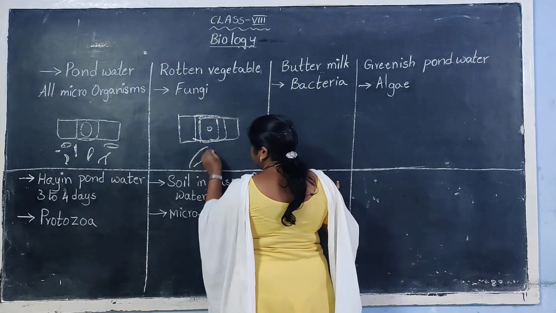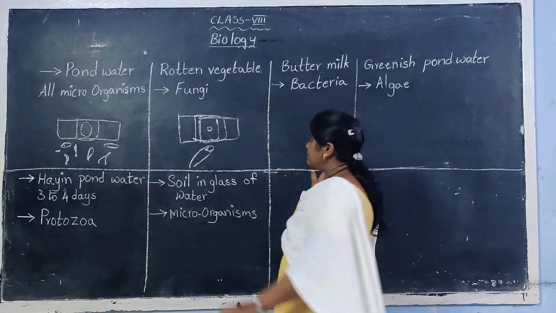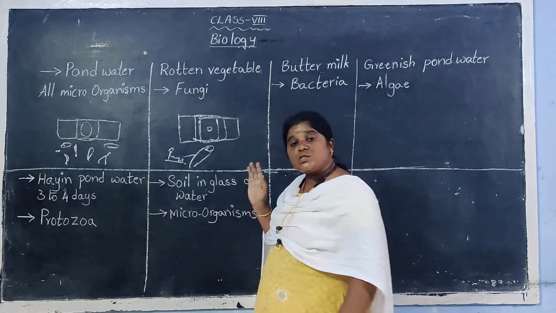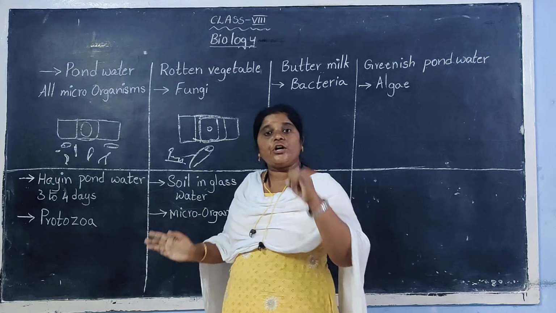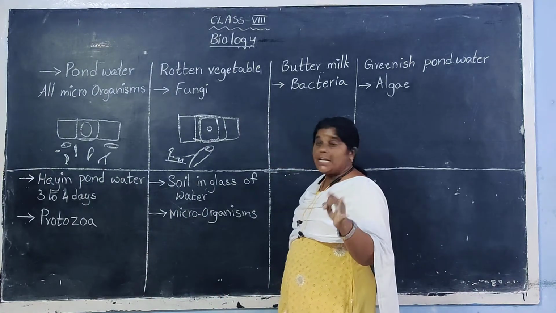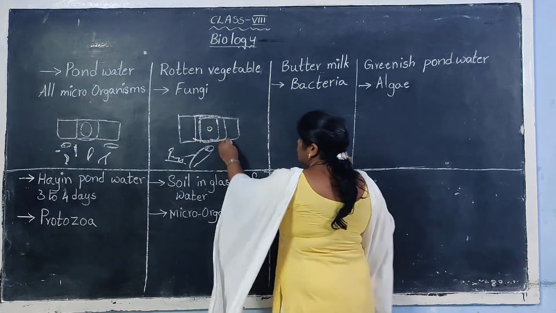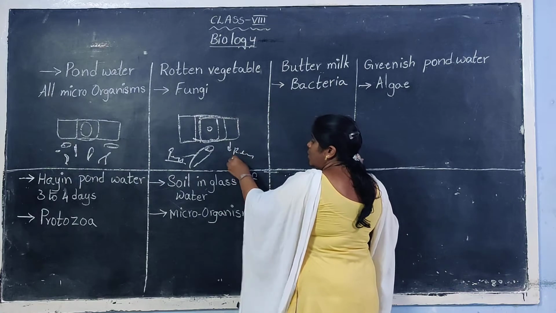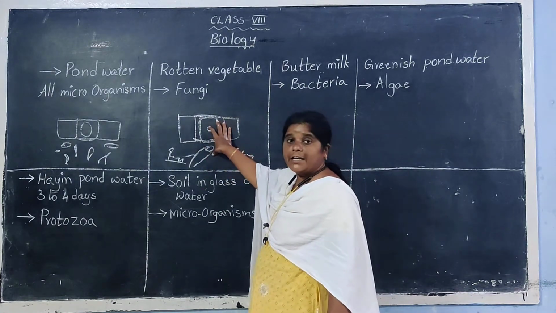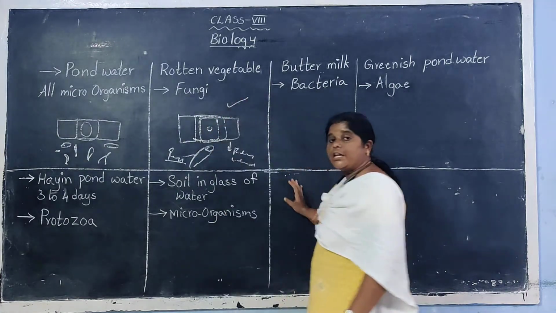You can observe rod-like structures with a knob. These are nothing but fungi. So we can understand that not only in air, water and soil, but even on rotten vegetables, bread and rotten food material, you can find fungi. This is how you can observe fungi.